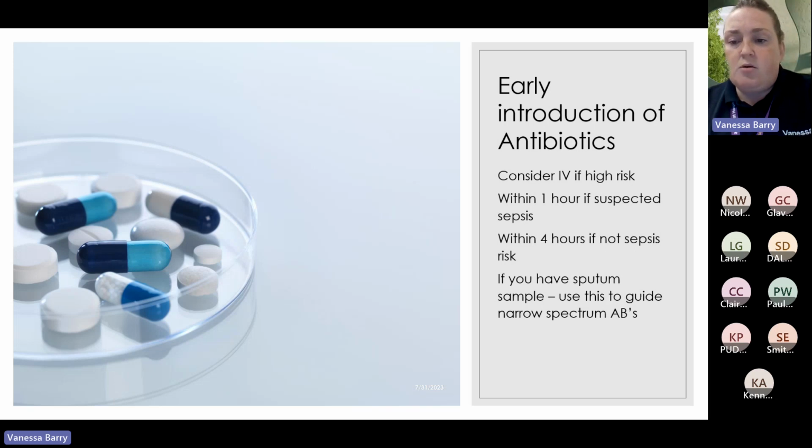If you've managed to get one a few days earlier in the community, you might have that sputum sample back, and you can narrow the spectrum of antibiotics based on that sputum result to appropriately treat the patient.